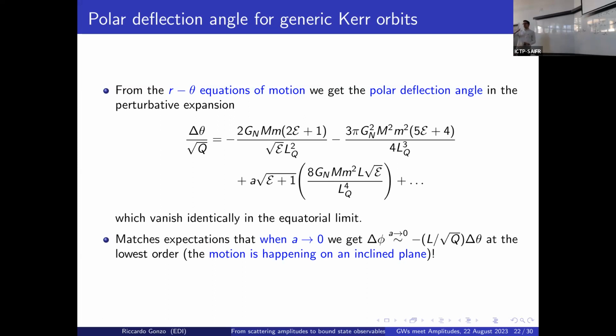So that means that there is a relation between the two angles, right? If you send the spin to 0, there will be a plane of the motion essentially, but that's not on the equatorial plane compared to the coordinate system. So you will have some projection, and that's what this relation is about. We checked that it is consistent with the geometric perspective. So you can check by a change of coordinates, essentially.